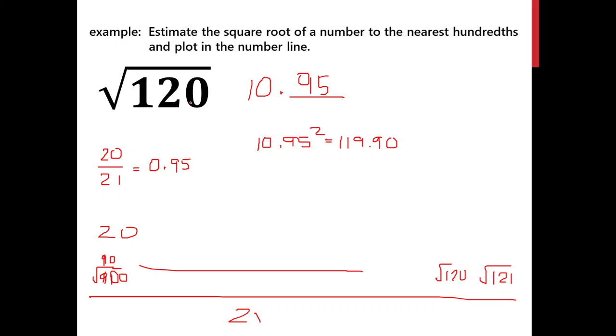Now let's go ahead and use the calculator and see the exact value for the square root of 120. So the square root of 120 gives us 10.954 and so on. So since we only need the nearest hundredths place, this will be our answer.